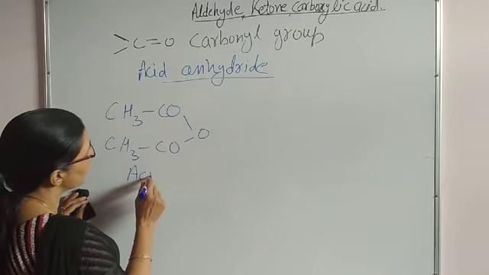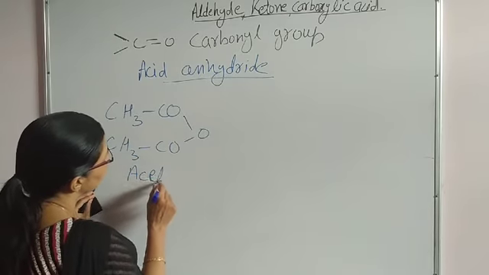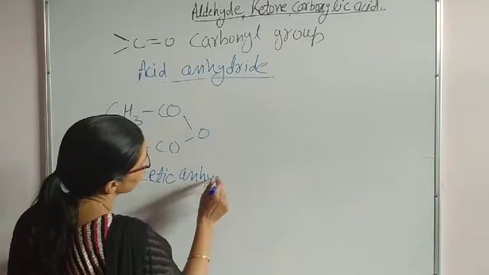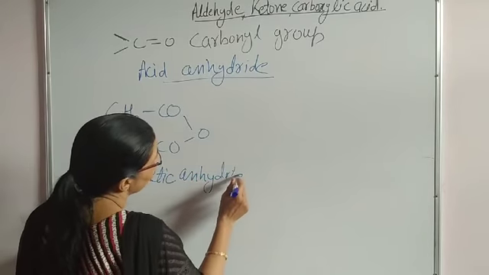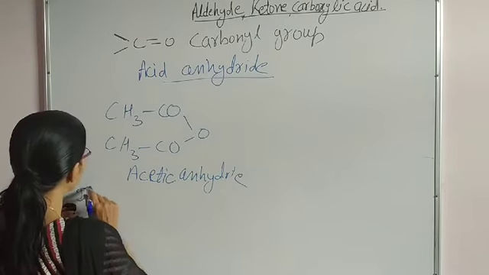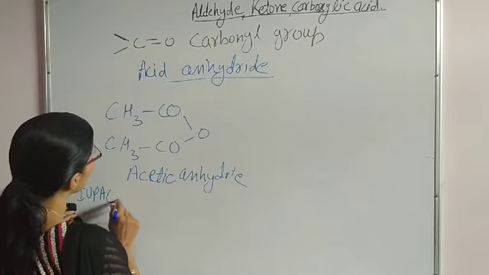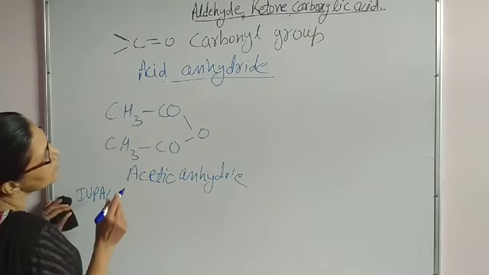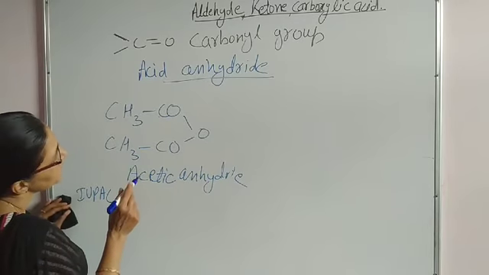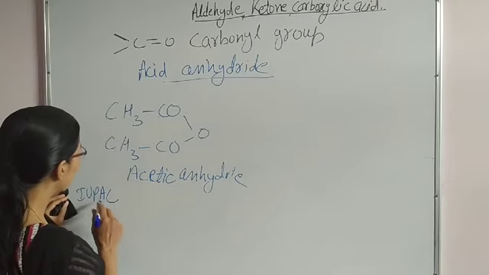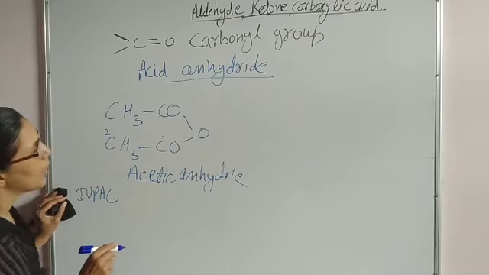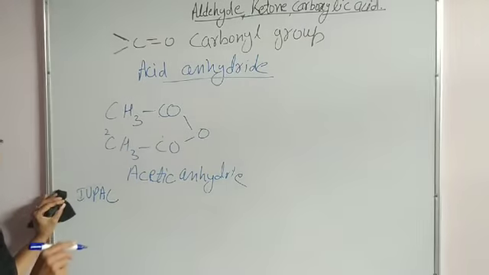The popular common name is acetic anhydride. And the IUPAC name is, so here only one oxygen after this carbon. Okay. So the IUPAC name is the derivative of two carbon containing acid.